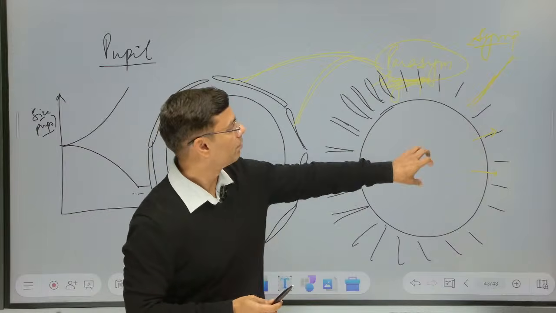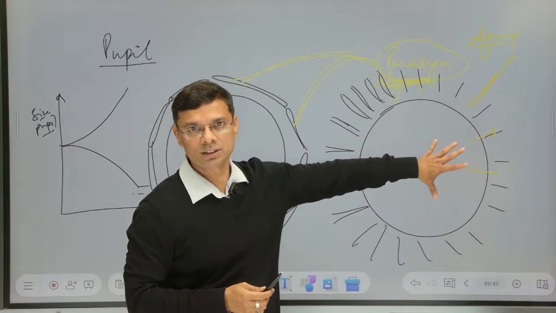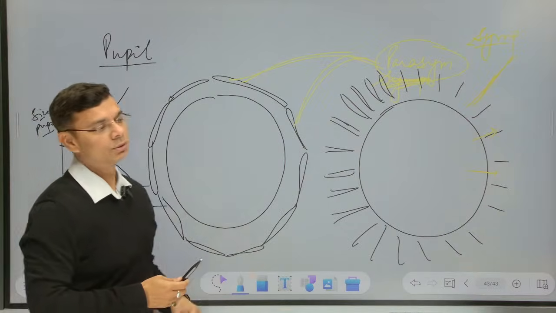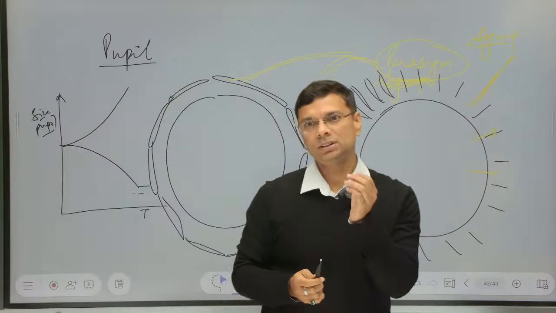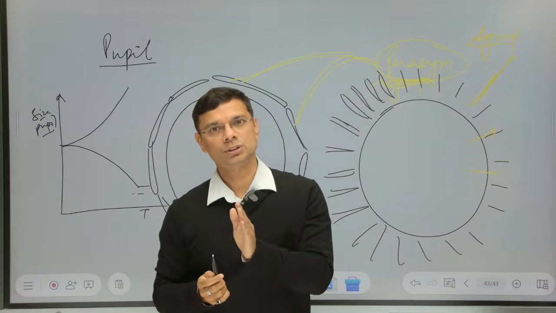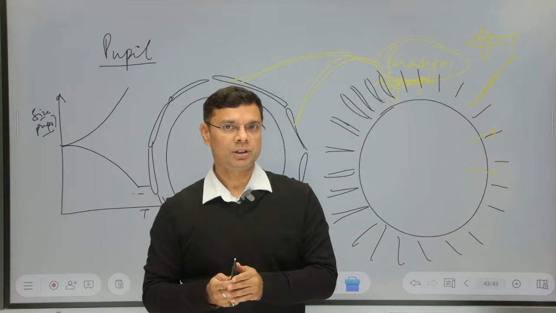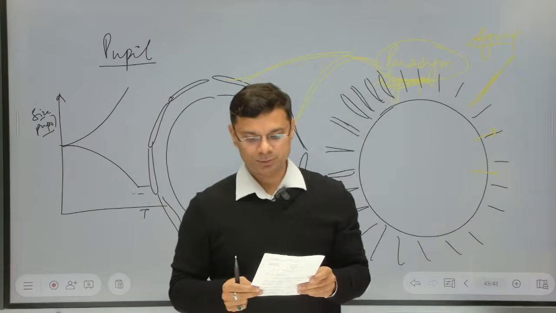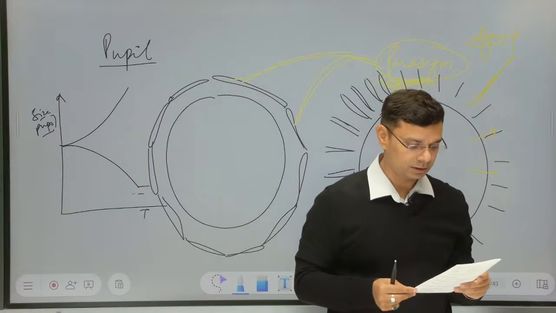In this case, mydriasis, pupil size is increasing. In this case, miosis is happening. So this is the structure. Structure means the relationships. It may be morphological or another type of relationship. I hope you have cleared the concept of structure.